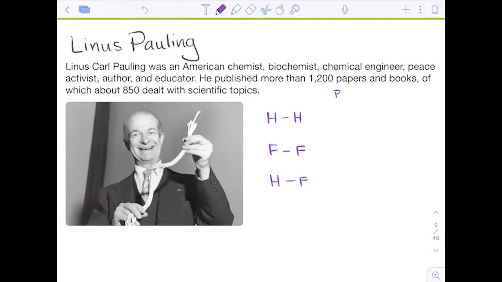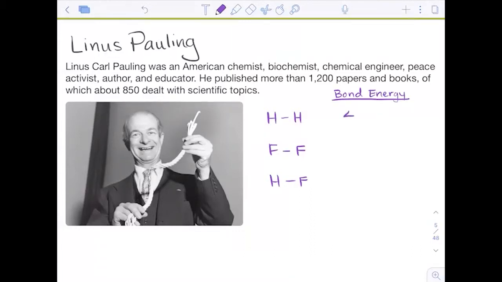So he studied what we call bond energy. We will get into a good definition of bond energy, but it has to do with the amount of energy released when a bond is formed. The bigger the number, the more stable the bond is.